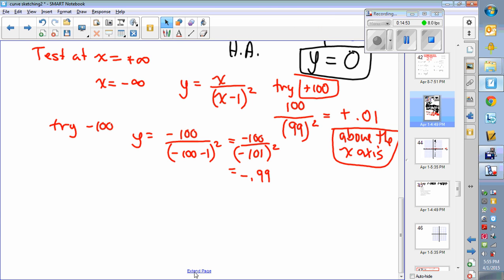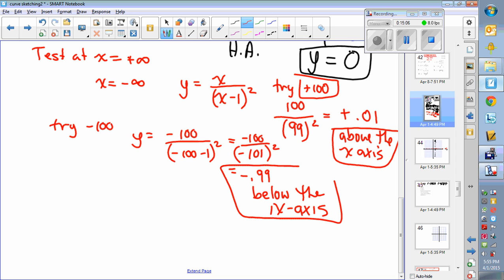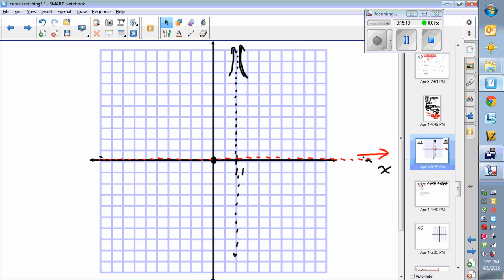Okay, but it's negative. So now you are below the x-axis, which means you're below the horizontal asymptote. Okay, so below when you are at negative 100. So we go out here. When we are at negative 100, we are approaching below the asymptote, not above. So we're not up here, we're down there. So there's that piece of information.